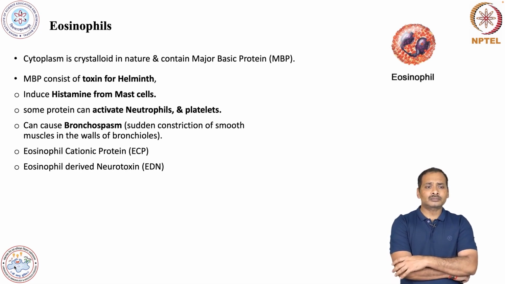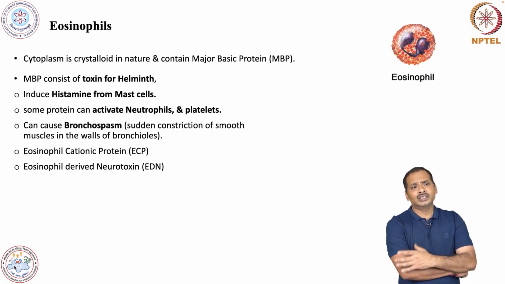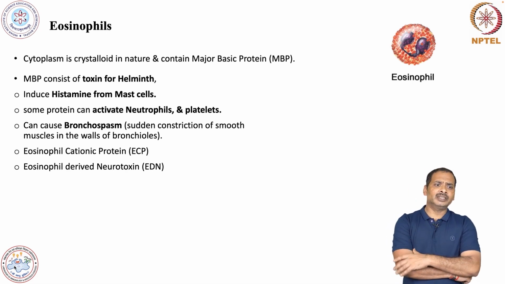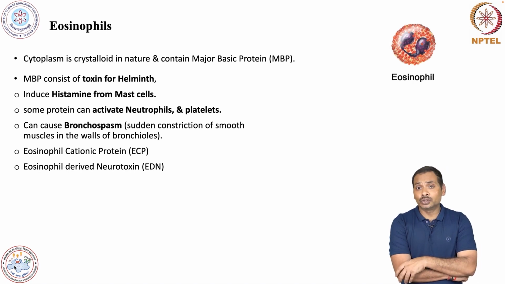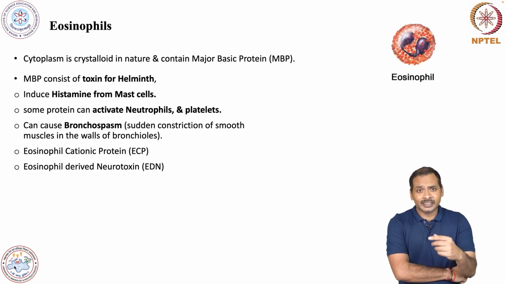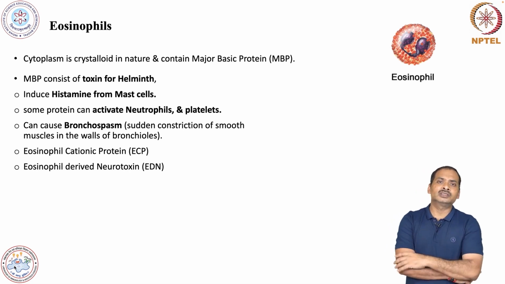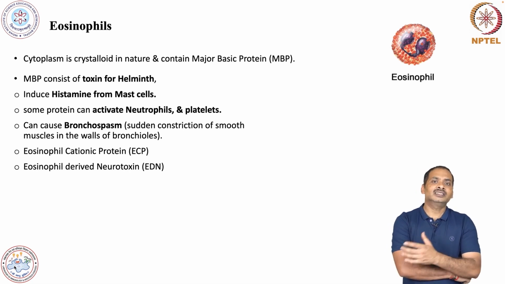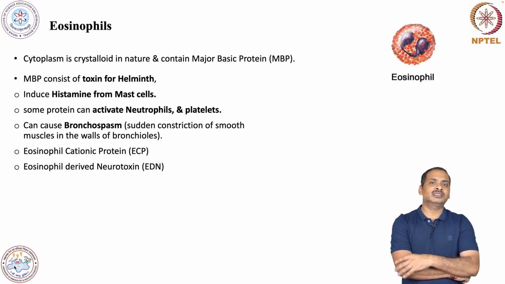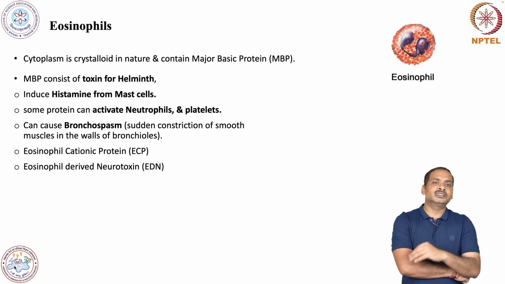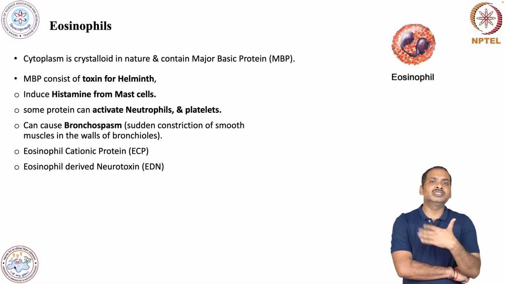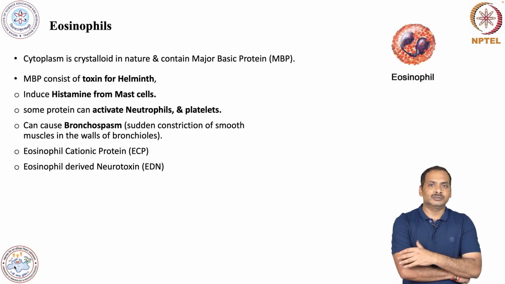It also contains eosinophil cationic protein and eosinophil-derived neurotoxin. All these components act on the parasite and cause irritation of the parasites, which may result in sneezing and coughing, and there is a possibility that the parasites will be released from the system.